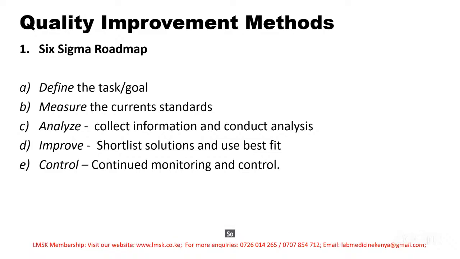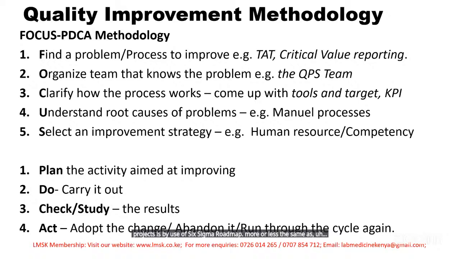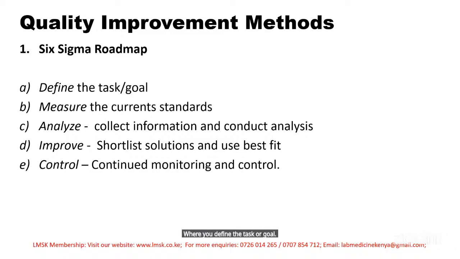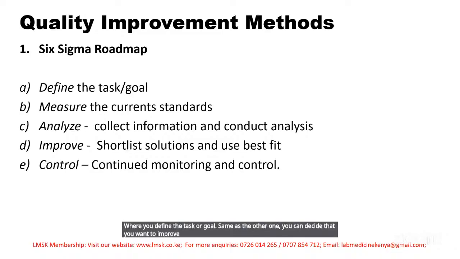So another way of doing a quality improvement project is by use of the Six Sigma roadmap, more or less the same as FOCUS PDSA, where you define the task or goal. Same as the other one, you can decide that you want to improve your critical value reporting.